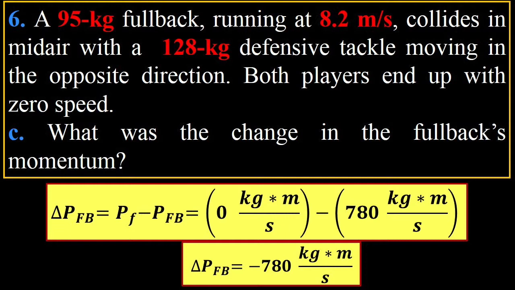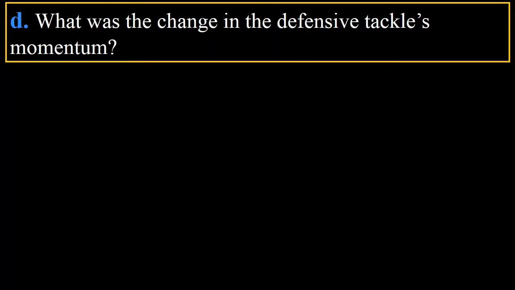So the change is negative 780 kilogram meters per second, and that's for the fullback. Even though the original momentum was 780, the final momentum was 0, so it's 0 minus 780, which is a negative 780.